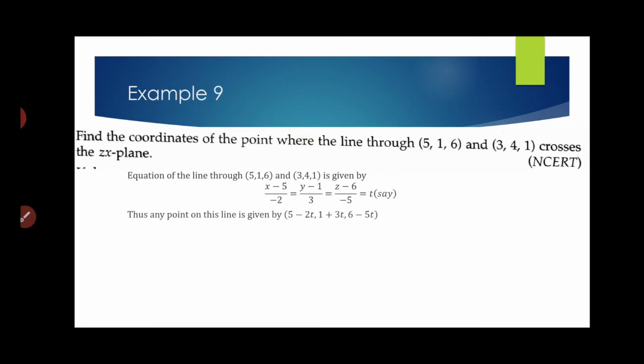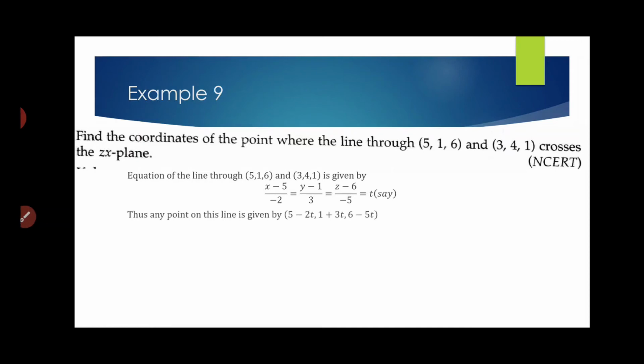If I multiply this minus 2 with t and take this 5 on the other side, then it becomes 5 minus 2t, and then this becomes 1 plus 3t. Now if I multiply minus 5 there, then it becomes 6 minus 5t.